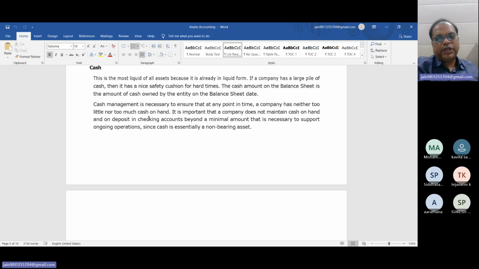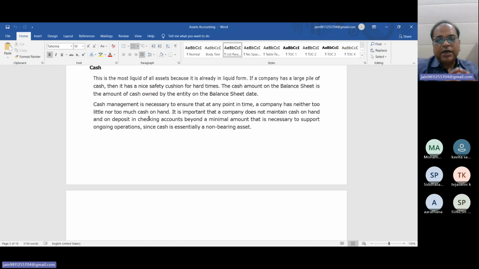The ratio is current assets upon current liabilities. Current ratio means current assets upon current liability. The standard current ratio is 2:1. This means your current assets should be double your current liabilities.